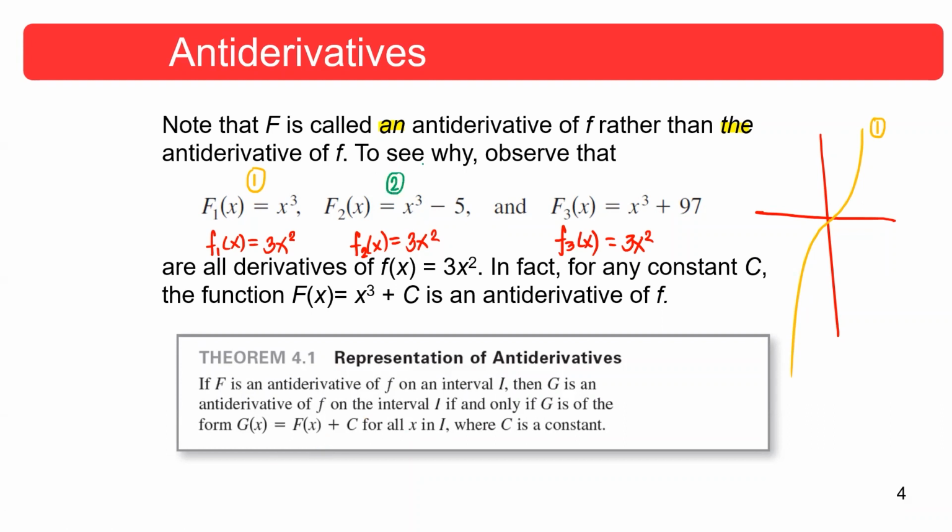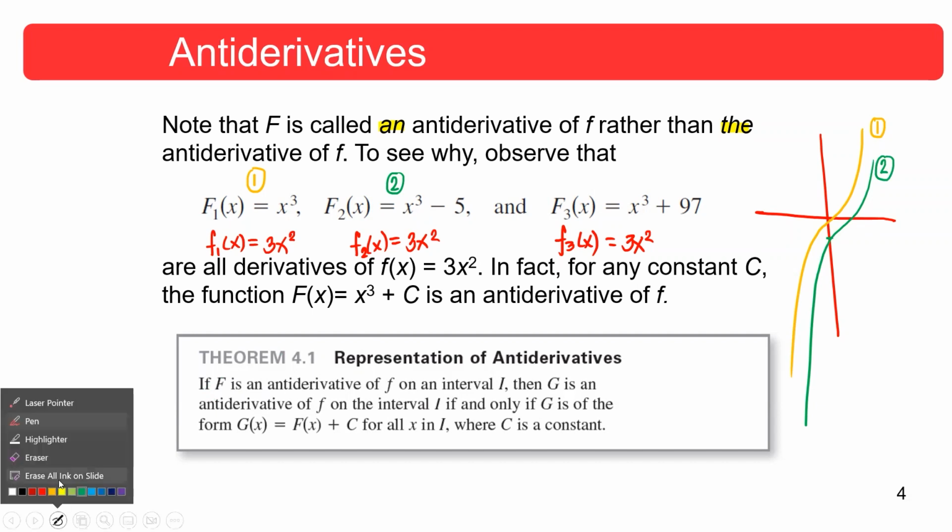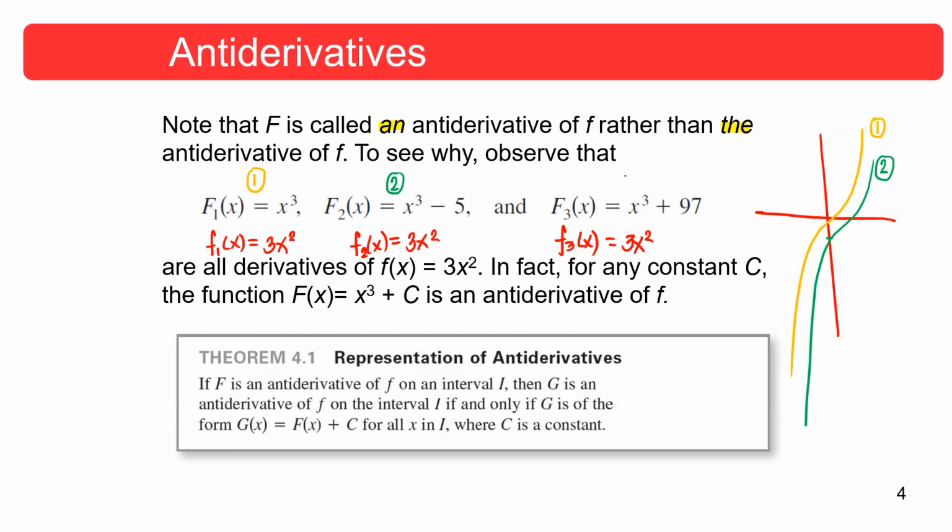Say this is function number 2 at -5. And then for the third one, let's say at 97, that one. That is graph number 3.